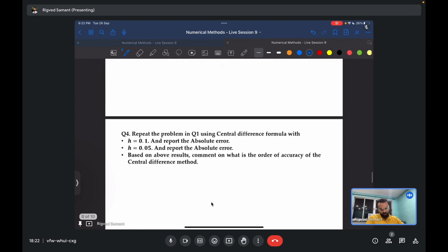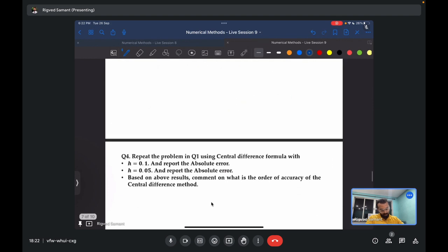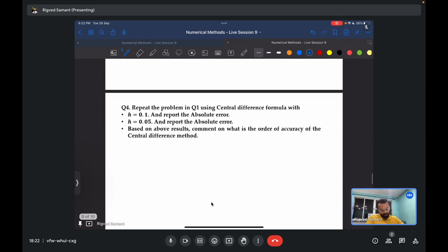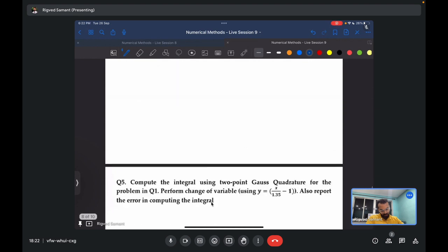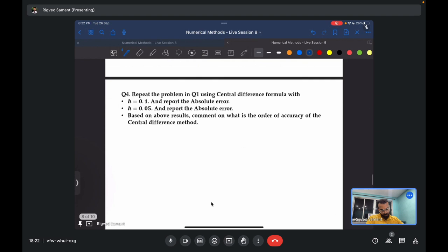Now for question 4, repeat the problem in Q1 using, I guess this is a typo question.